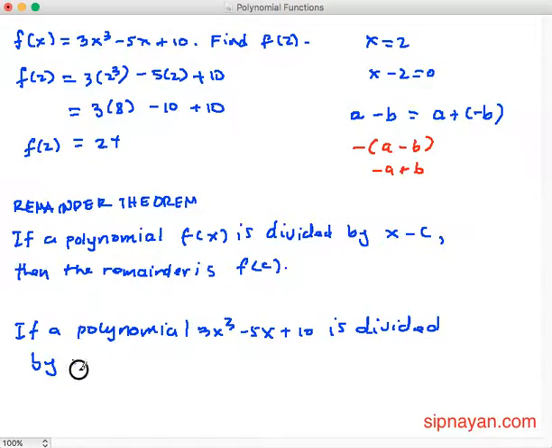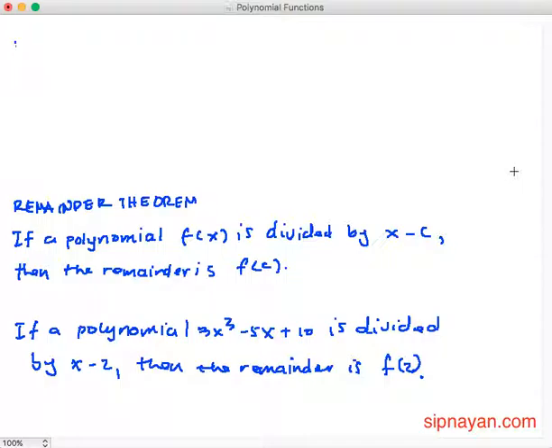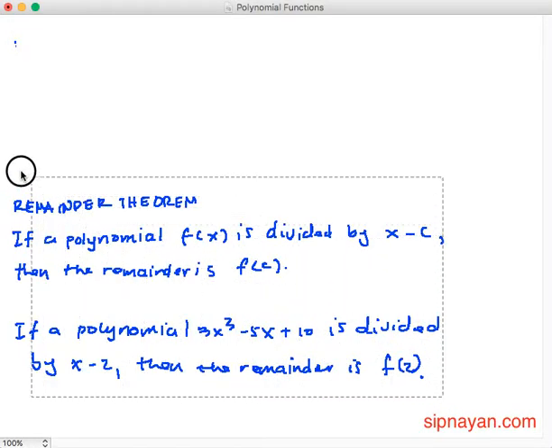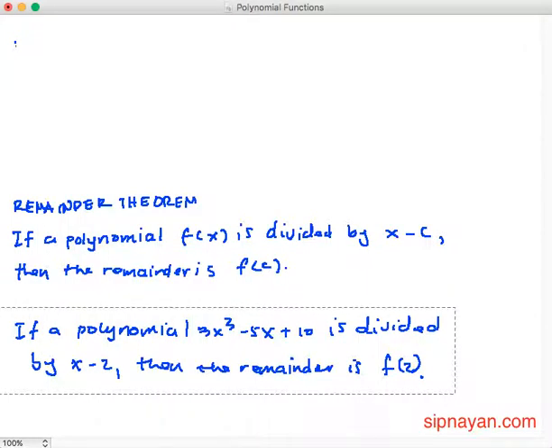X minus c, x minus 2. Then the remainder is f of 2. No? So, magbibigay pa tayo ng isang example dito. Isa pang specific example.